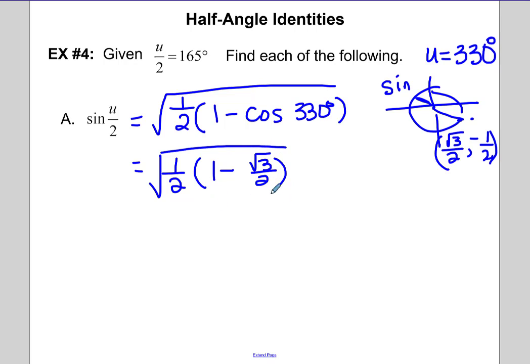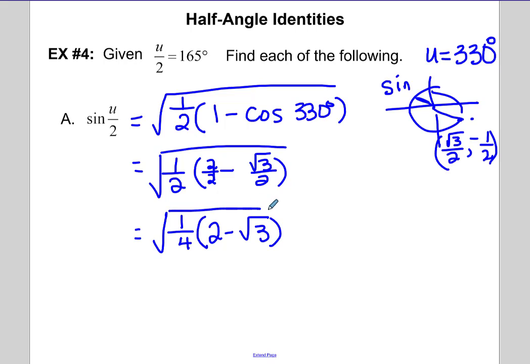Now, I'm going to take the 1/2 out and make this 1/4. And if I change this to a 2 over 2, so we have that common denominator to pull that 1/2 out with the 1/2 and multiply those together, we're going to have the numerator 2 minus root 3. 2 minus root 3 under the radical.